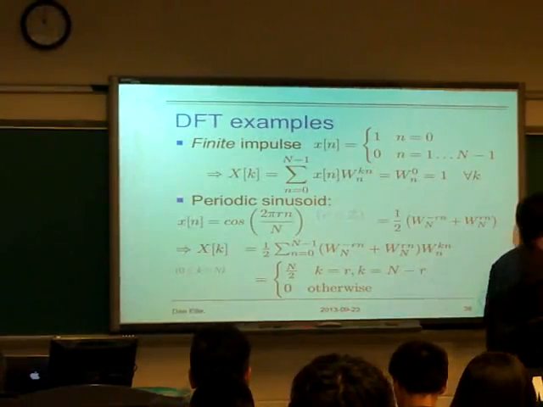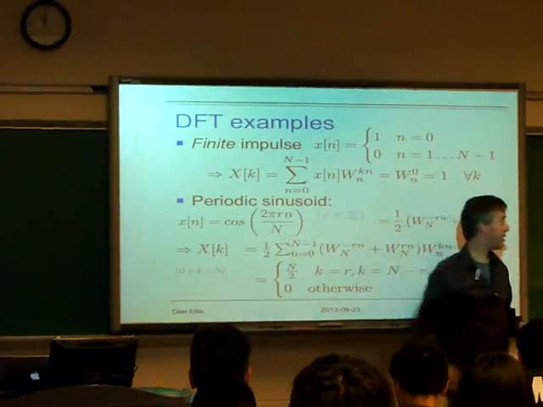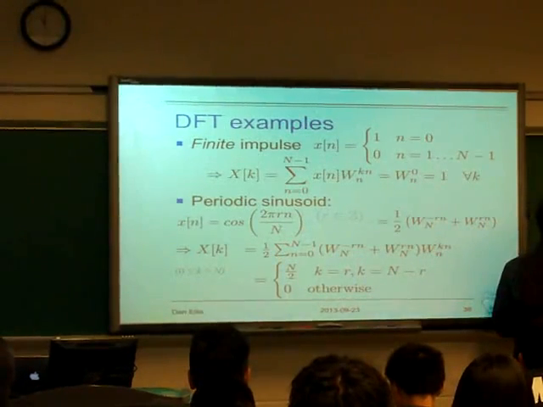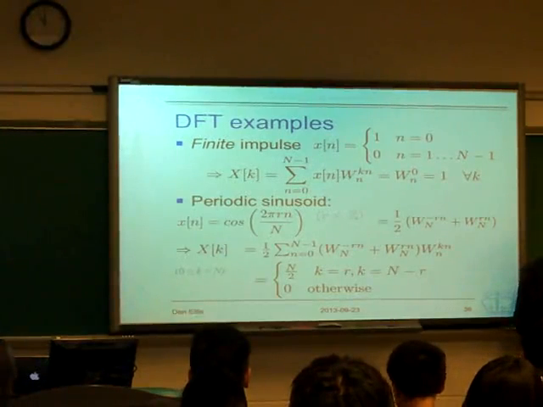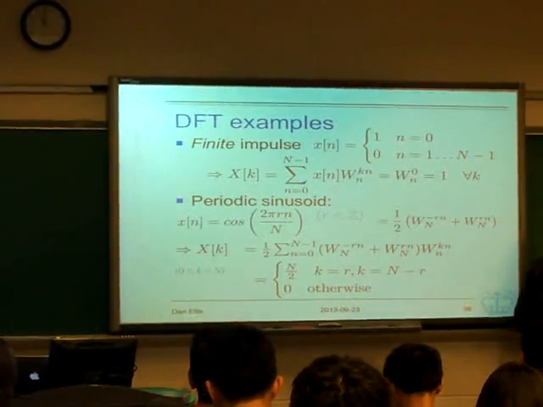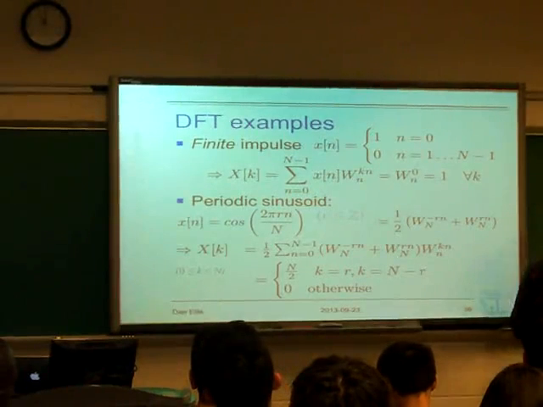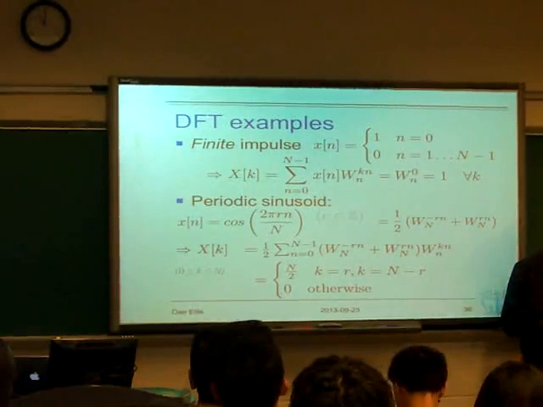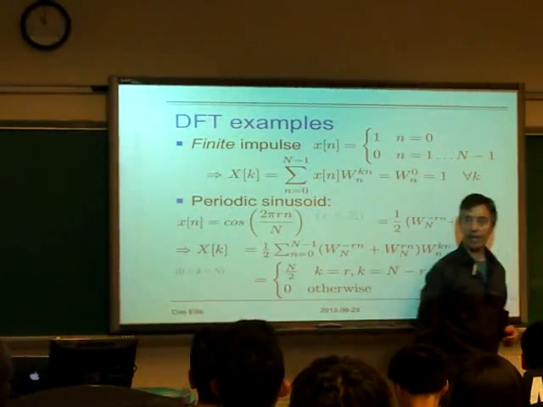And what we're saying is that this sinusoid that completed r cycles has a value here. All these values are 0 except for this one at r. And so this is r here, and this is r here. There's another non-zero value here at N minus r. And in both those cases, it's N on 2 for a unit amplitude cosine.